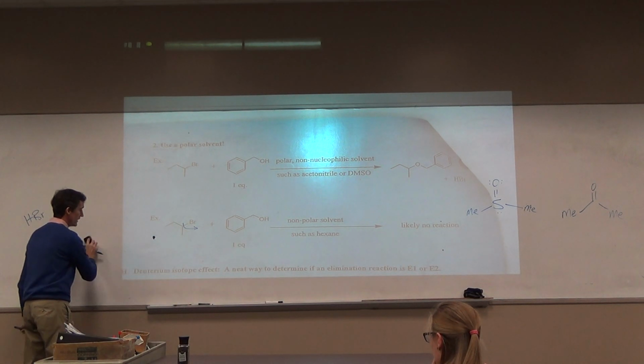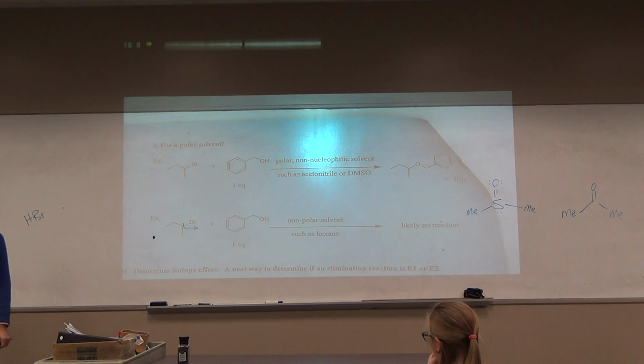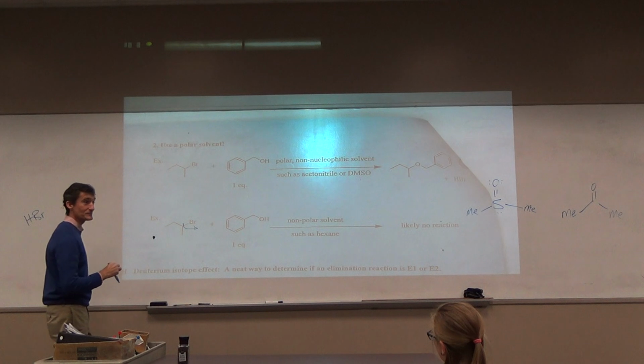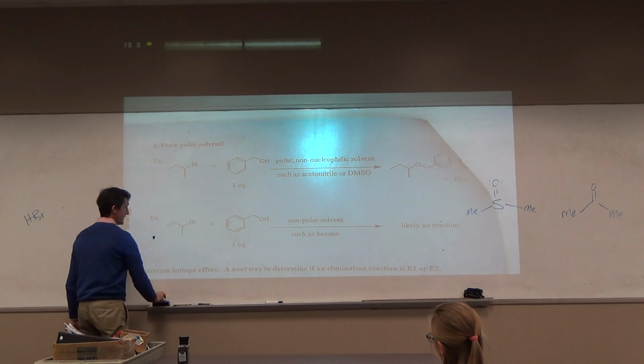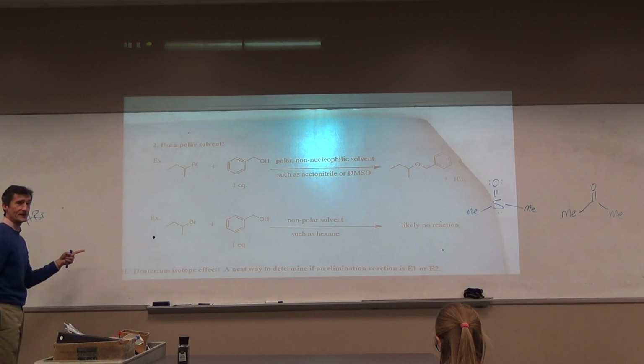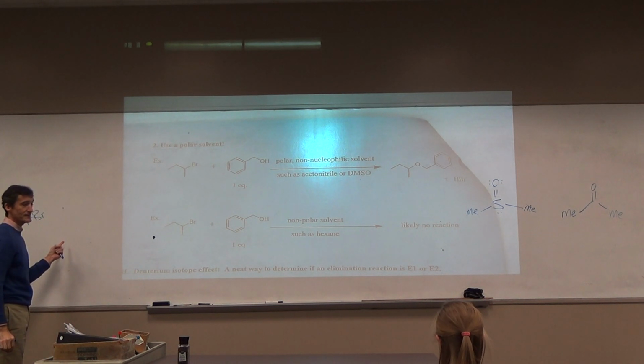You need a polar solvent to facilitate formation of a polar carbocation. Are ions polar? Kind of the definition of polar, I think. I haven't had physics in a long time. By the way, whenever there's a plus, there's got to be a minus.